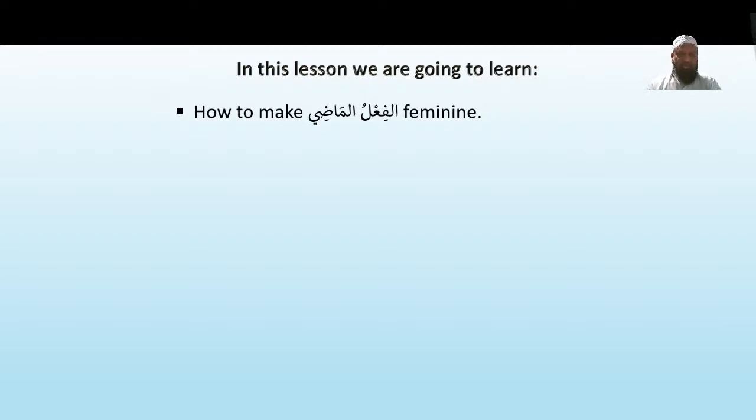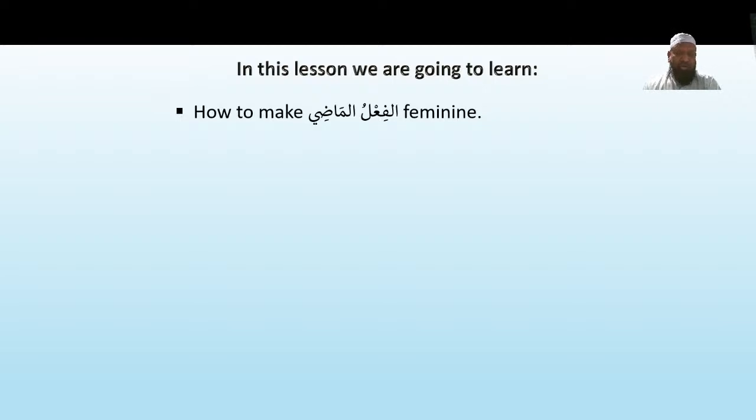In today's lesson, we are going to learn how to make al-fi'l al-madi feminine. In the last lesson, we have learned about the two types of jumla. Number one is al-jumlatul ismiyatu. Number two is al-jumlatul fi'liyatu.